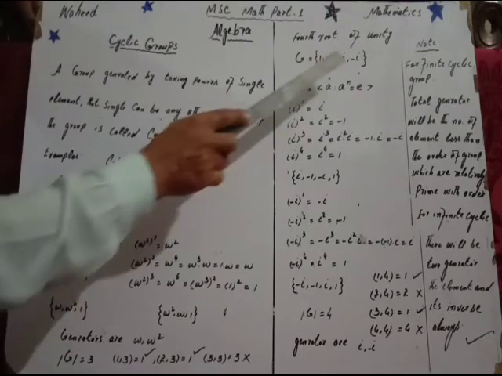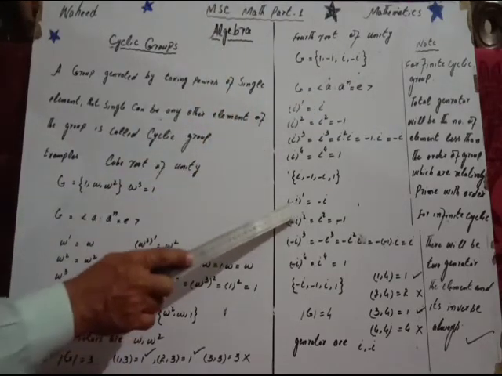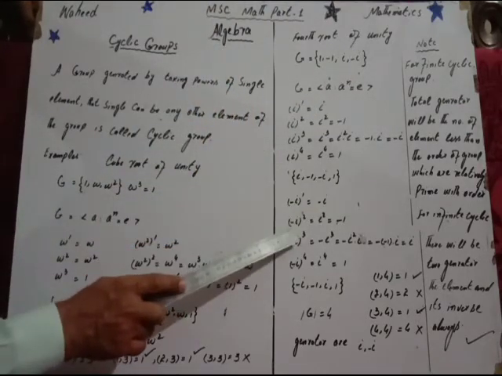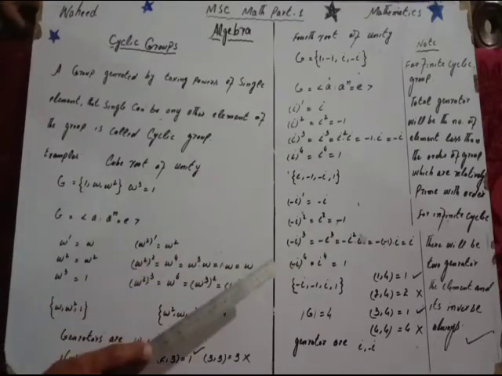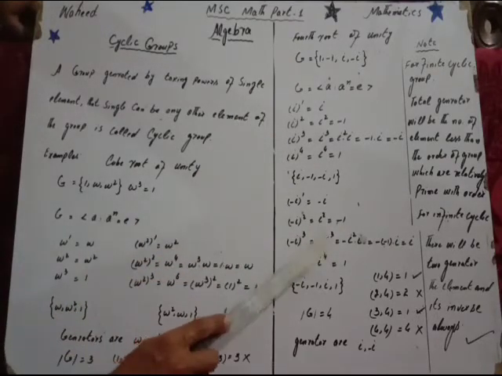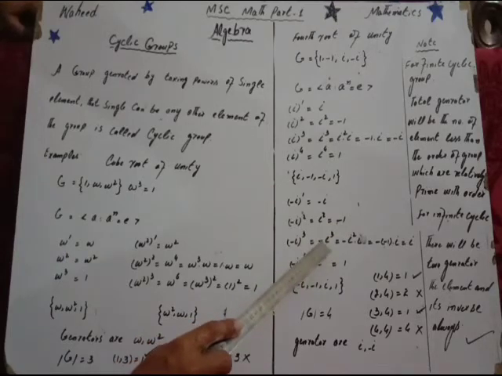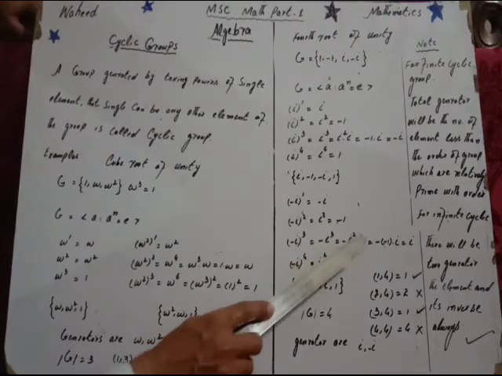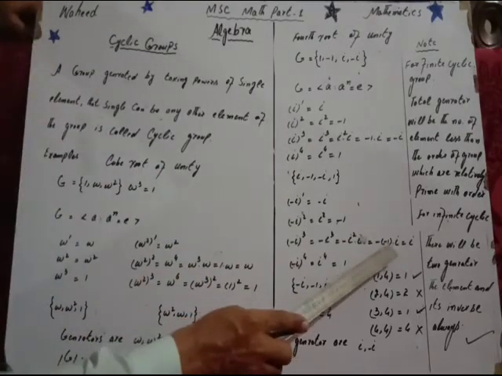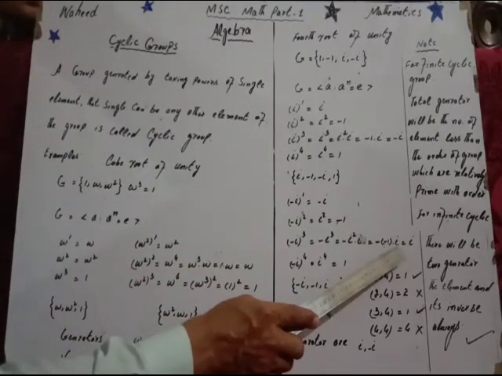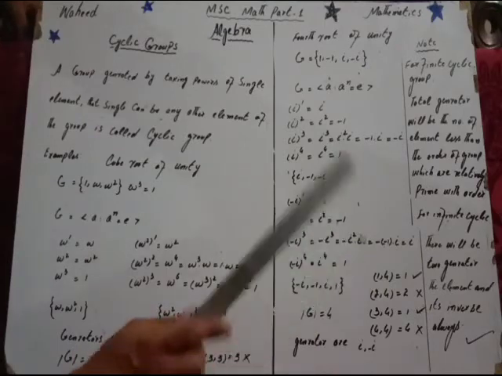Again we take minus iota. By taking powers of minus iota, power 1 is minus iota. Power 2 is iota square, which is equal to minus 1. Minus iota raised to power 3, the minus stays the same, is minus iota cube. Iota square into iota, iota square is minus 1, and minus and minus gives plus, so finally we obtain iota.